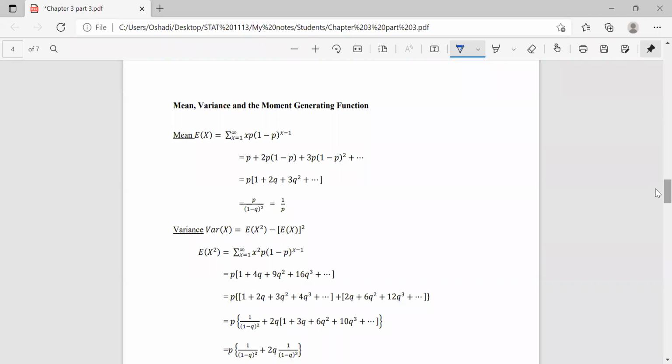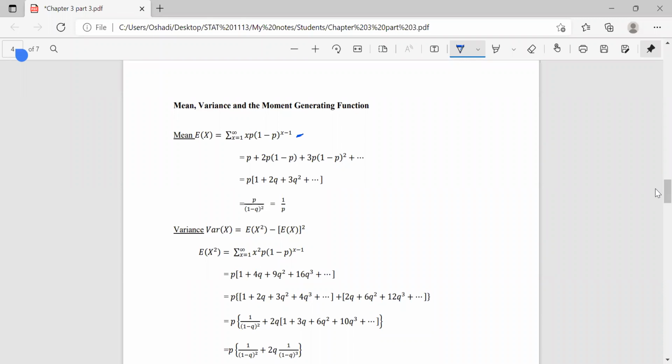So after expanding it, that means we substitute values from 1. If x equals 1, the expression becomes p. If we substitute the value 2, it becomes 2p into 1 minus p. Likewise, we can expand this equation.